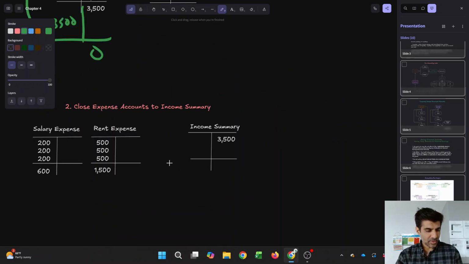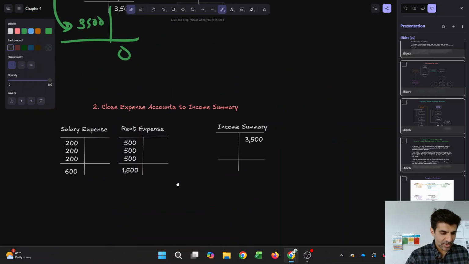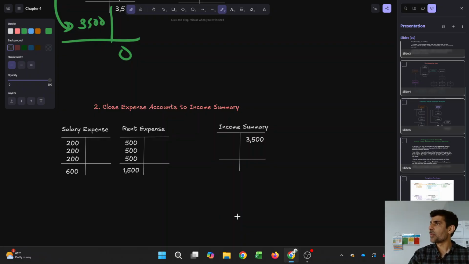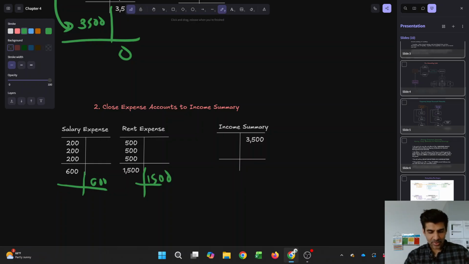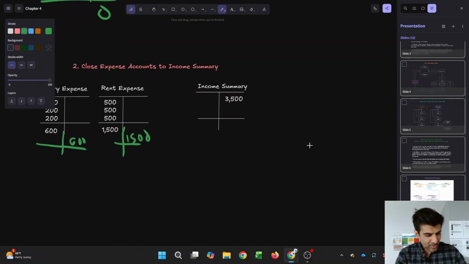Okay? So now these are my different expense accounts. Okay? And the goal is to get all of them to be 0. Okay, so I already know I'll have to credit this 600, and I'll have to credit this 1,500. So let's just put in those two credits. So I know I'm going to have income summary.